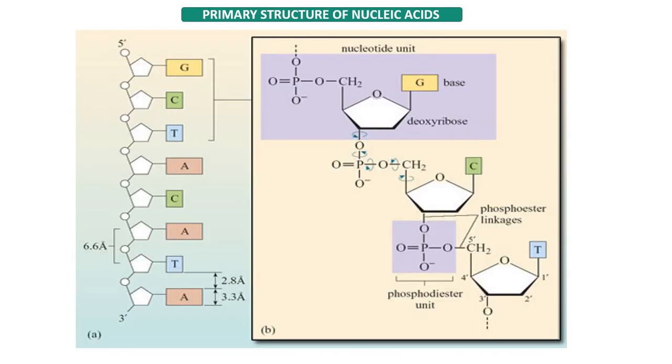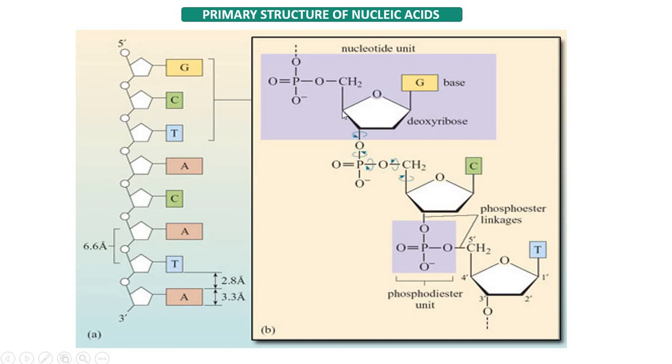Now let's see the primary structure of nucleic acid. How two nucleotides are joined together is shown here. This is one nucleotide: a deoxyribose sugar attached to a guanine base, and the linkage between base and sugar is a glycosidic linkage attached to the C1 carbon.